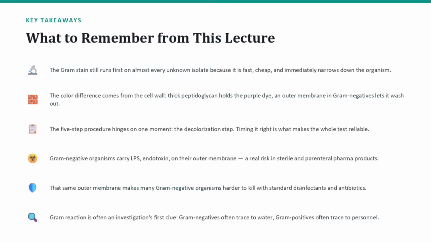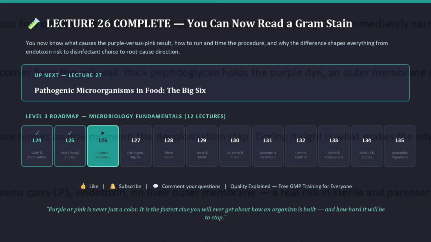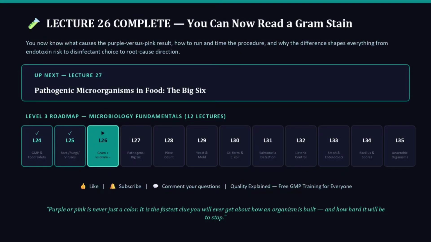Gram-negatives often trace back to water, gram-positives often trace back to personnel. That is Lecture 26 complete, and you can now actually read a gram stain. You know what causes the purple versus pink result, how to run and time the procedure correctly, and why that one difference shapes everything from endotoxin risk, to disinfectant choice, to which direction you point an investigation.